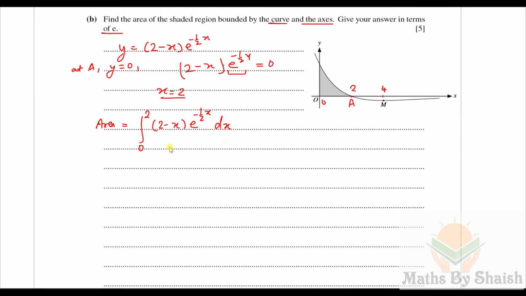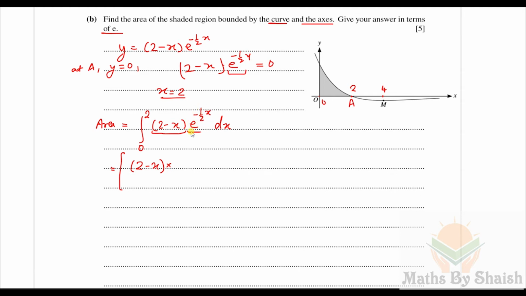And we can see there are two functions again, so we are going to use integration by parts here. We will take this as the first function and this as the second function. I'll put the limits afterwards, so I'll write the square bracket here. It is 2 minus x, the first function as it is, and the integration of the second function.